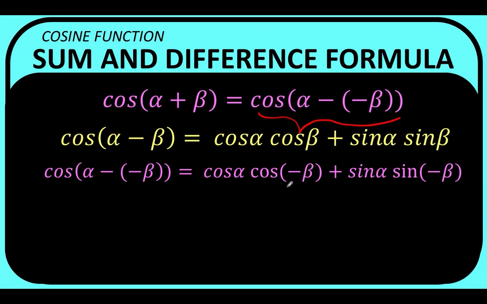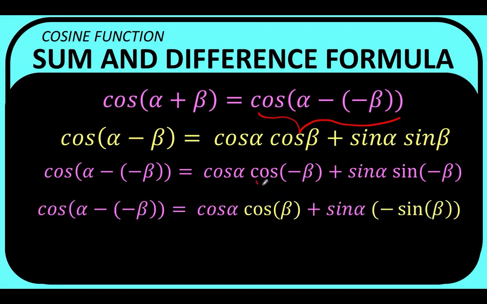So just substituting negative beta for beta, we arrive at this right part of this equation. And since cosine is an even function, the cosine of negative beta is just the same as the cosine of positive beta. And since sine is an odd function, the sine of negative beta is equal to negative sine beta.